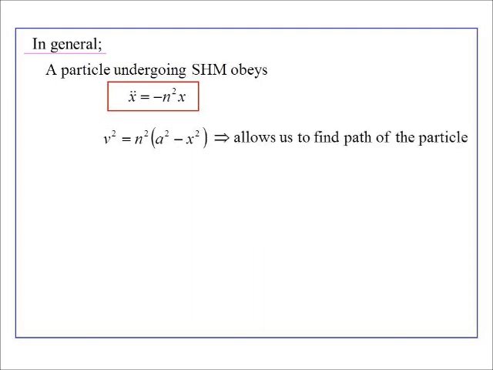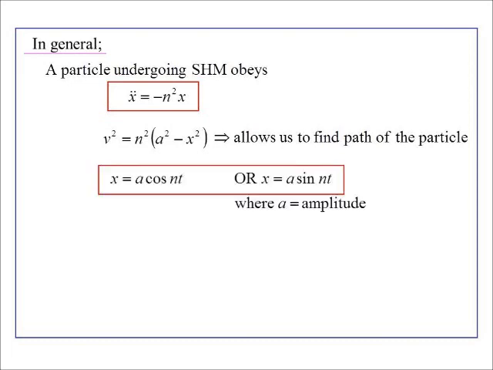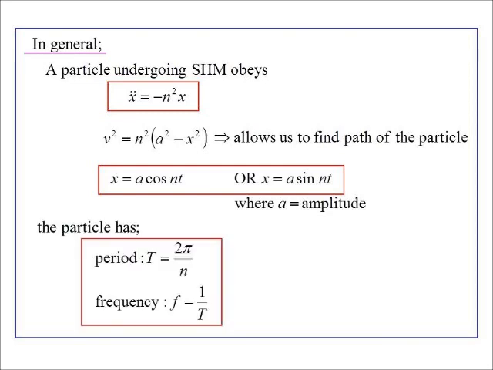But that allows us also to find the path of the particle, because we can say v squared is greater than or equal to 0, solve that. We'll end up with a cos nt, or of course, had it been the one where we started at the origin, we might end up with a sine curve. And so a is the amplitude. And now we're just dealing with trig functions, which we've already done a fair bit of work on. So we know the particle then would have period 2 pi on n.